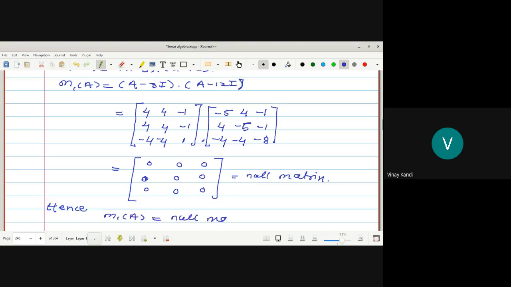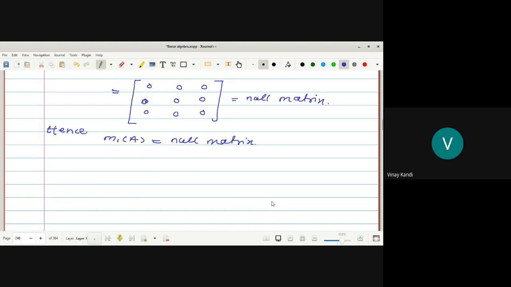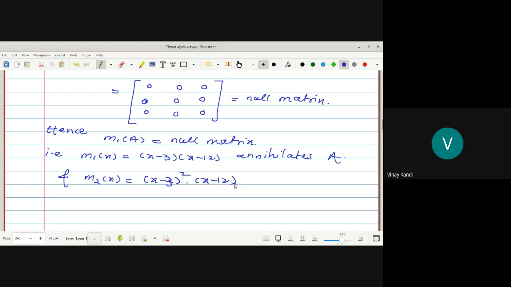That is, m1 of x is equal to x minus 3 into x minus 12 annihilates A. Okay, and also m2 of x, the characteristic polynomial, x minus 2 whole cube into x minus 12, also annihilates, because it's the characteristic polynomial and every square matrix satisfies its characteristic polynomial by the Cayley-Hamilton theorem.